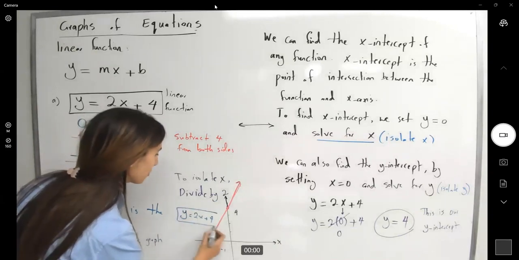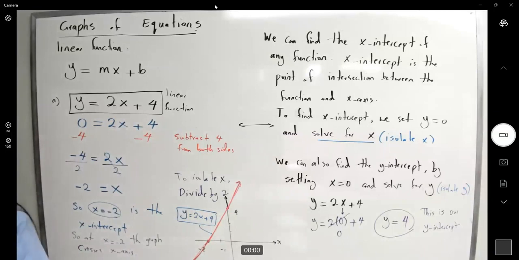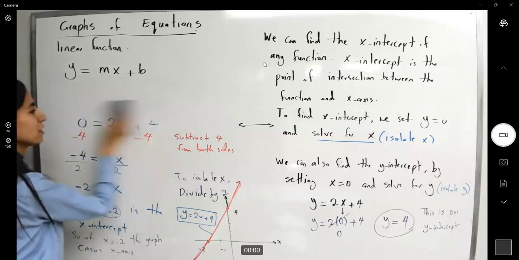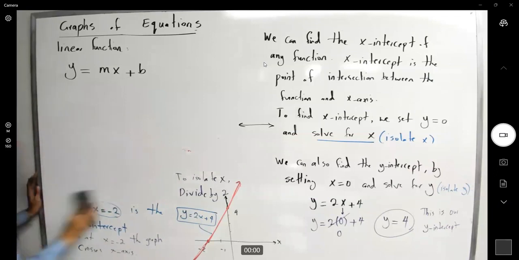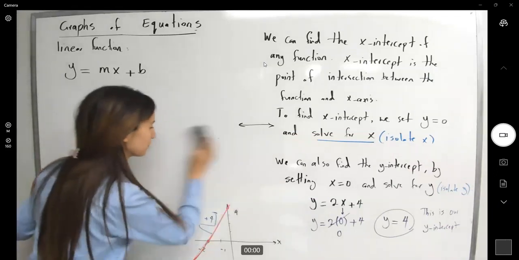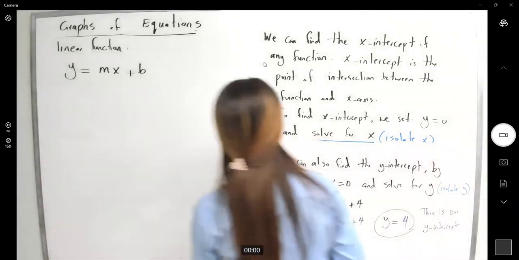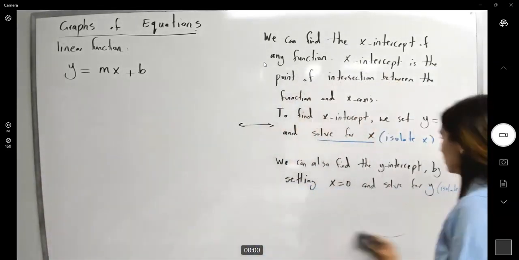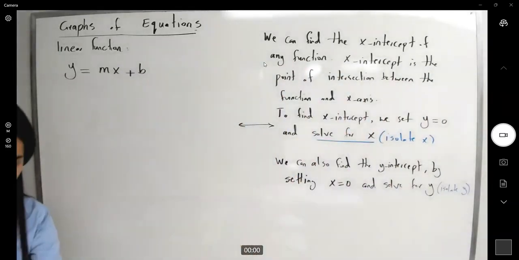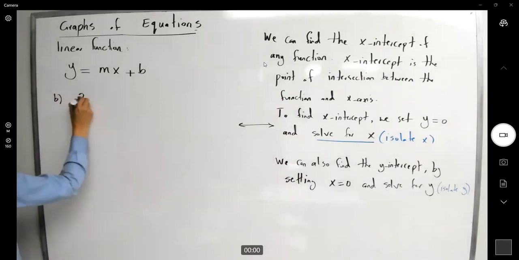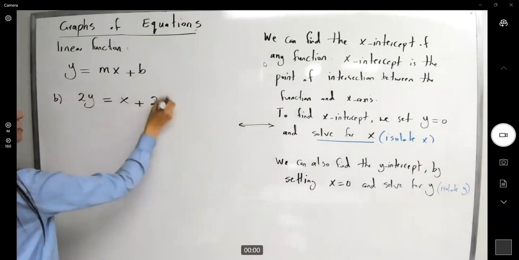Now you have the following: 2y is equal to x plus 2.